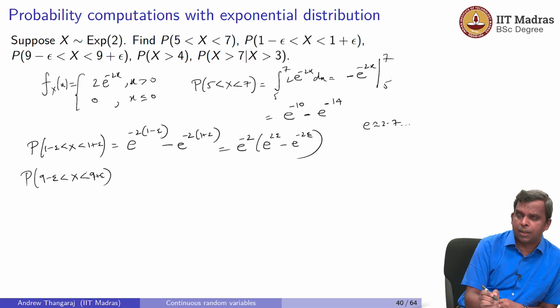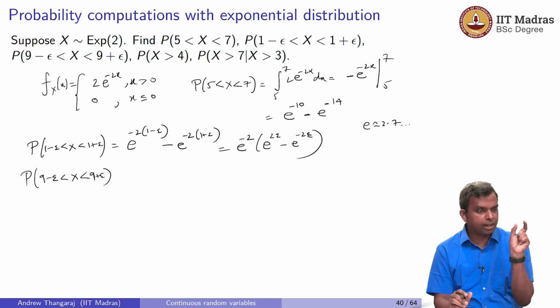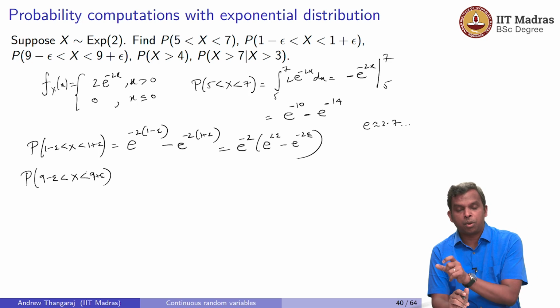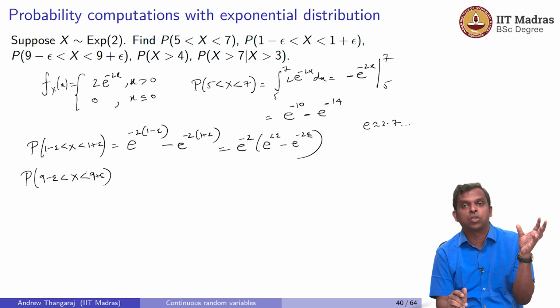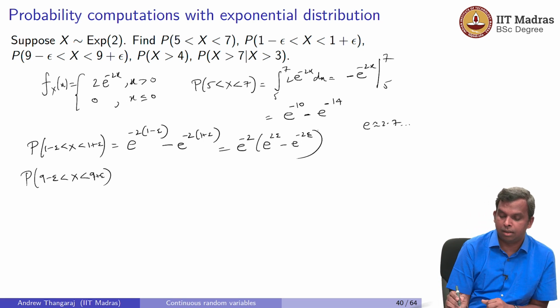Basically this question has the same width interval 2 epsilon, one around 1 and the other around 9. What's the probability that x takes a value close to 9? What's the probability that x takes a value close to 1? That's the kind of question we are asking. So this is e power minus 2 times e power 2 epsilon minus e power minus 2 epsilon. That's one value.